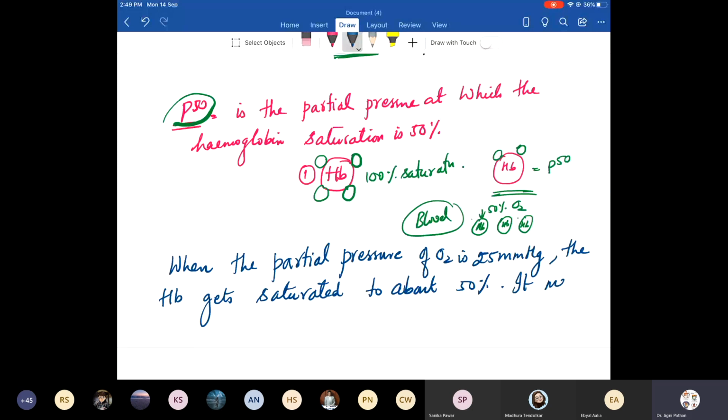It means the blood contains 50% oxygen. Now read and tell me if you have not understood. Look into the graph and tell me if you have not understood anything.